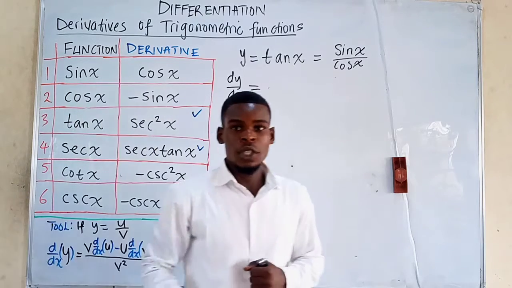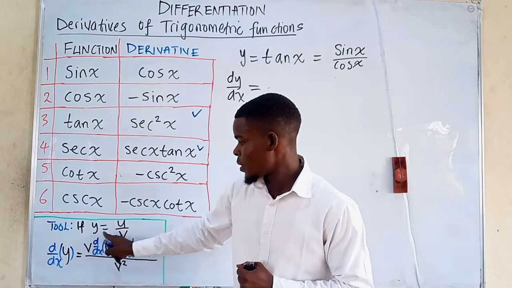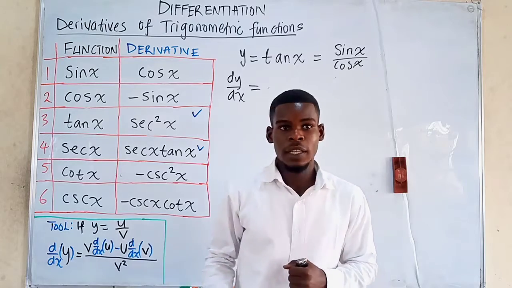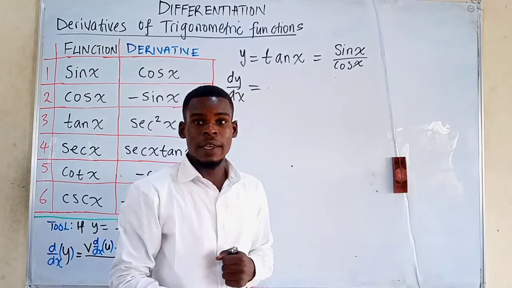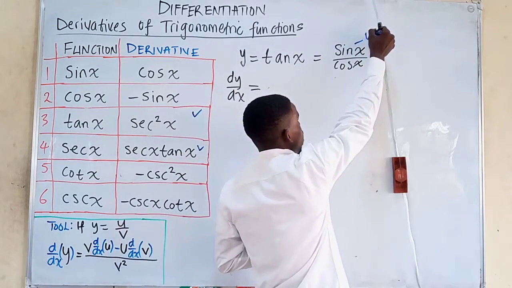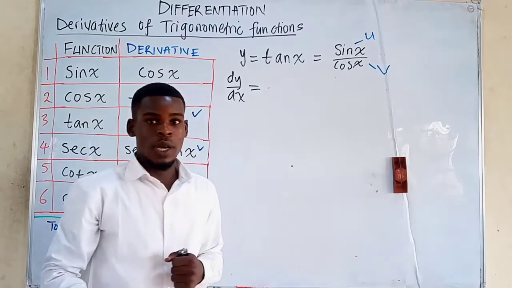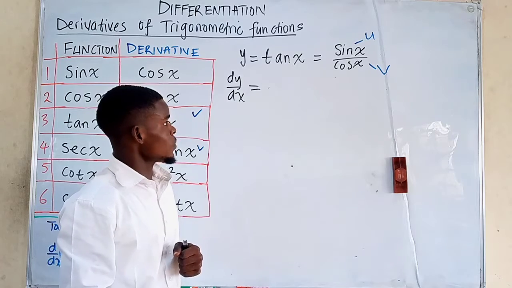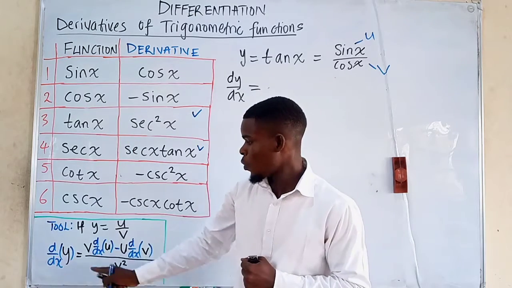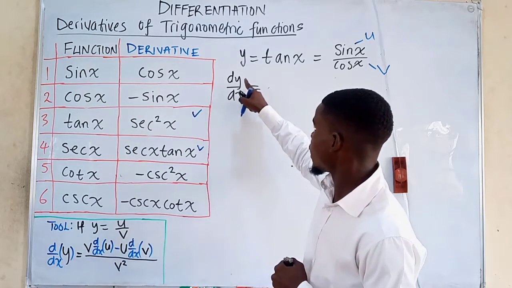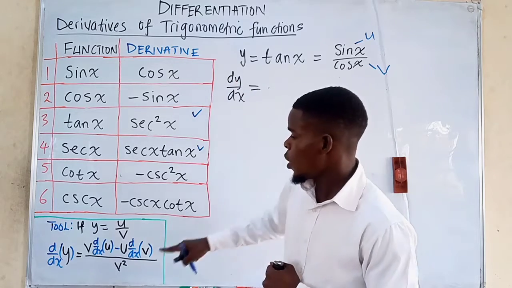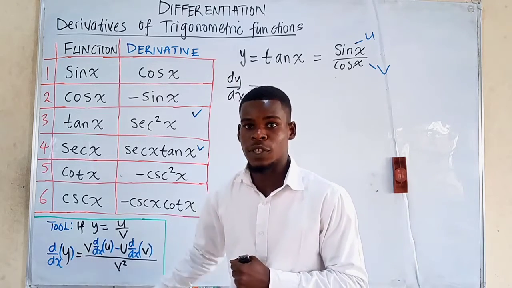Good. And the quotient rule tells us if y is of the form u over v, right? So we have sine x over cosine x. If I make the sine x to be u and make the cosine of x to be v, then we can apply the quotient rule appropriately, all right? Good. The rule tells us that when we want to differentiate y with respect to x, that is the derivative of y with respect to x, we are going to keep the v first and differentiate the u.